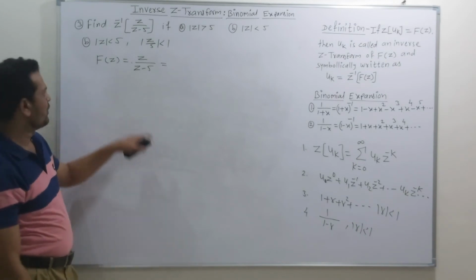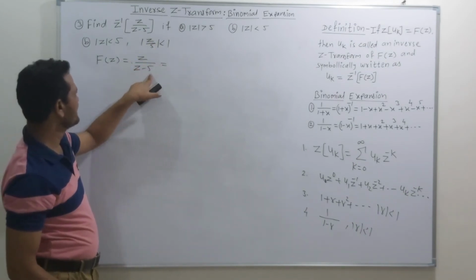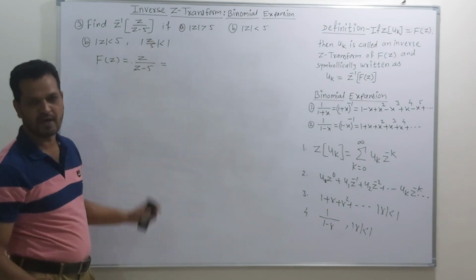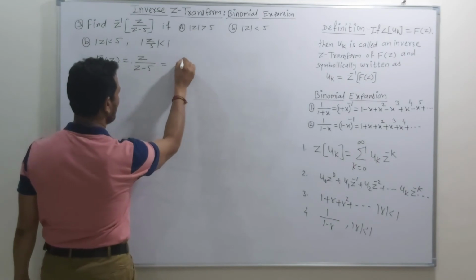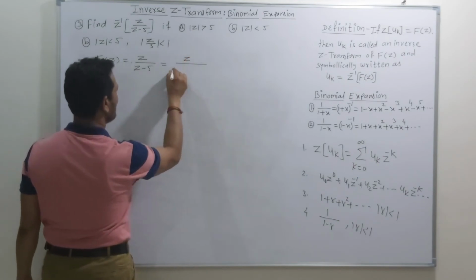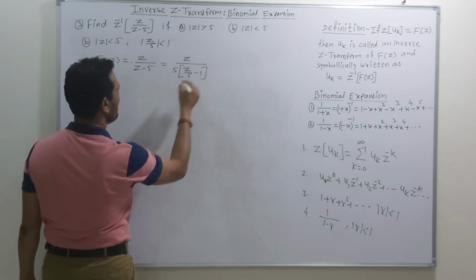Our aim is to write this in terms of z upon 5, so we take the term 5 common in the denominator. So we can write this as z upon 5 times z upon 5 minus 1.